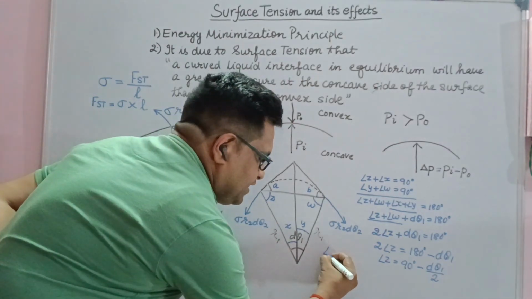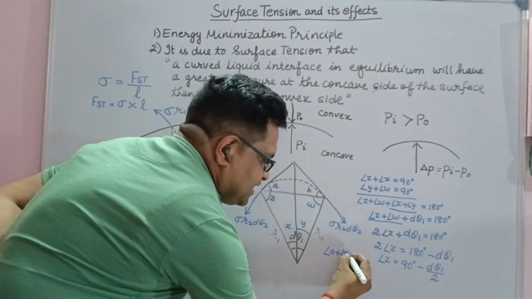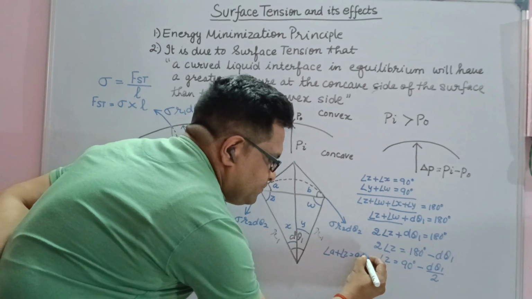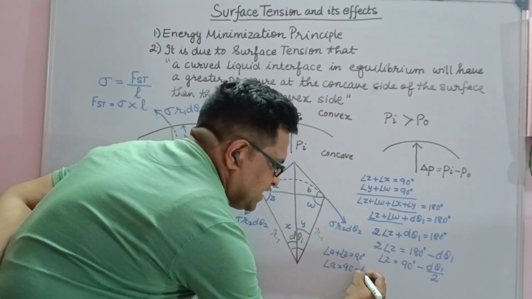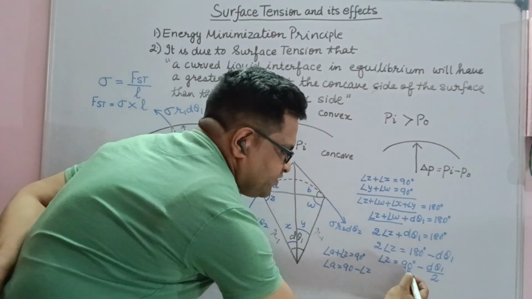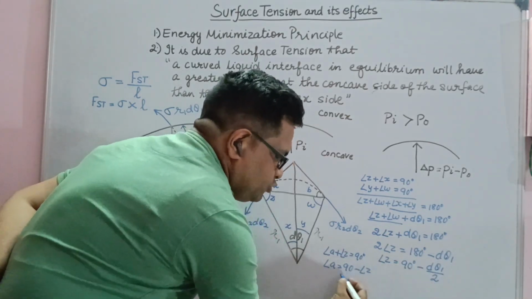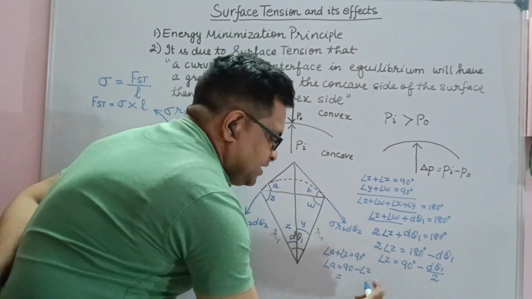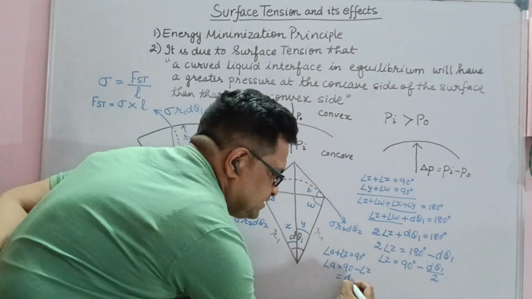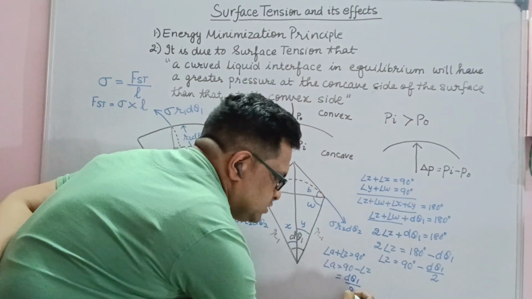So we have angle A plus angle Z is equal to 90 degrees. So angle A will be equal to 90 minus angle Z, and for angle Z we have 90 degrees minus d theta 1 by 2, which gives us 90 minus 90 will be cancelled out, and what will be remaining? d theta 1 upon 2.